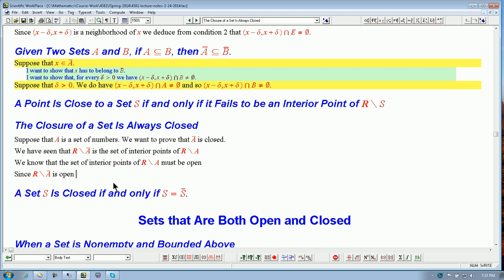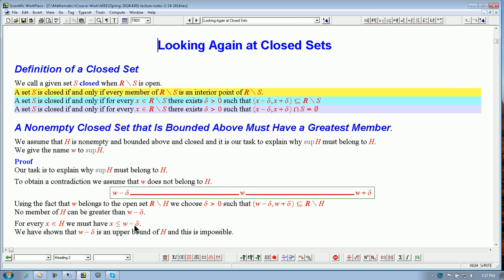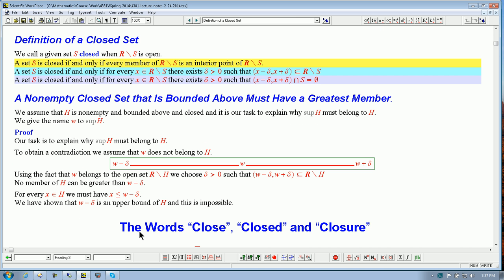Since that is open, the set A bar must be closed. Do you understand? And so where do we have this? It's not here. It's in the lecture before. I gave you the definition of an interior point. And one of the things that we saw there was that the set of interior points of a set must be open.